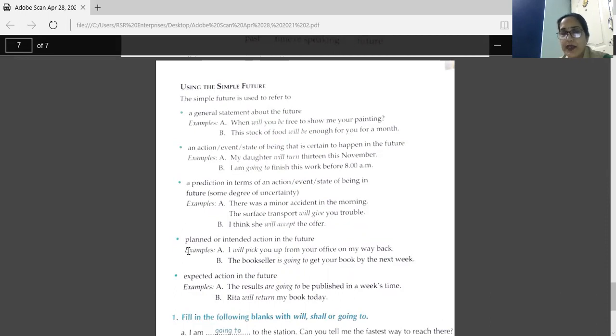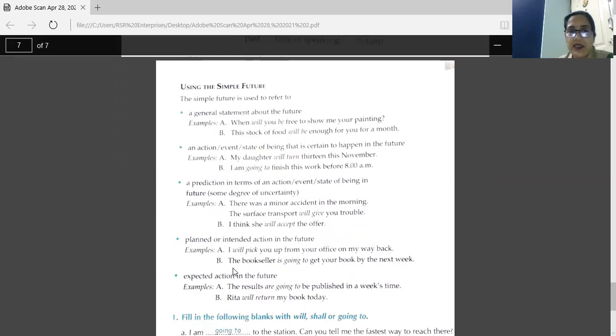Next one, a planned or intended action in the future. If some planning is there, we can use simple future tense. I will pick you up from your office on my way back. So he has planned this thing of picking. So here he is using simple future tense, will pick.